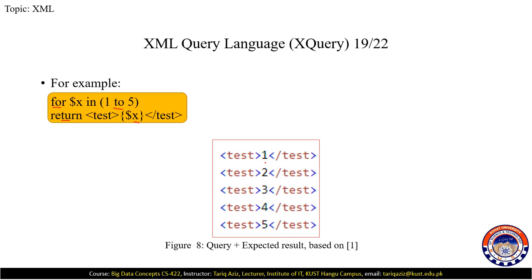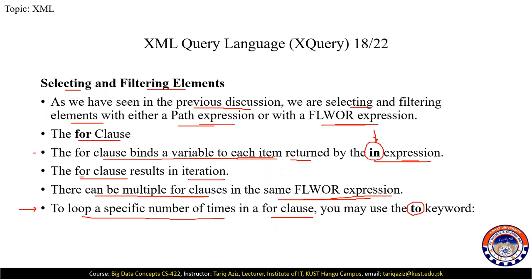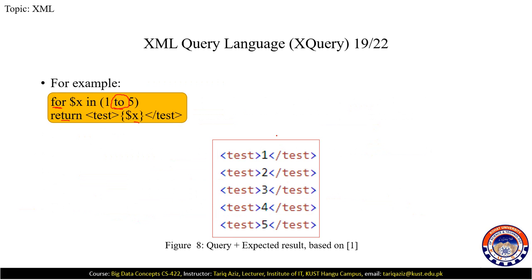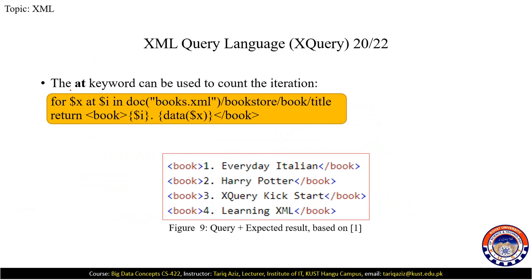This loop iterated 5 times: 1, 2, 3, 4, and 5. So by using the to keyword, we can loop a specific number of times, and this is the result.